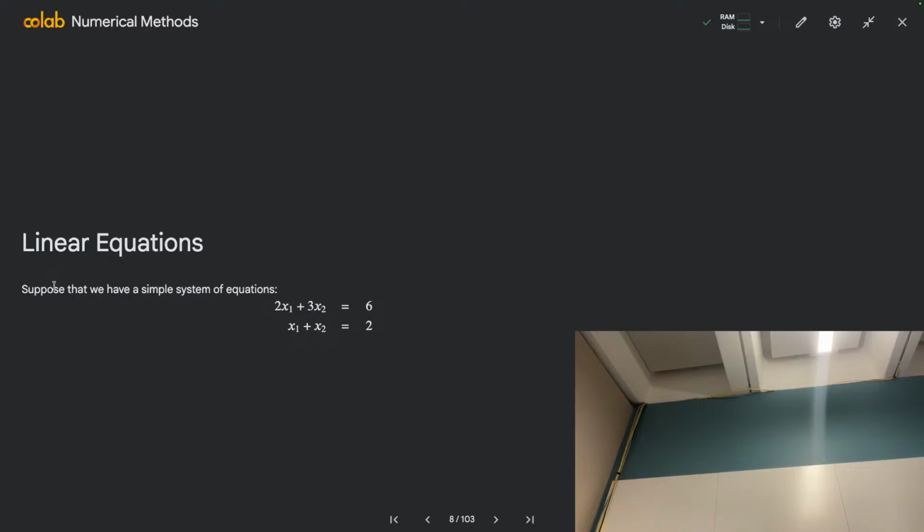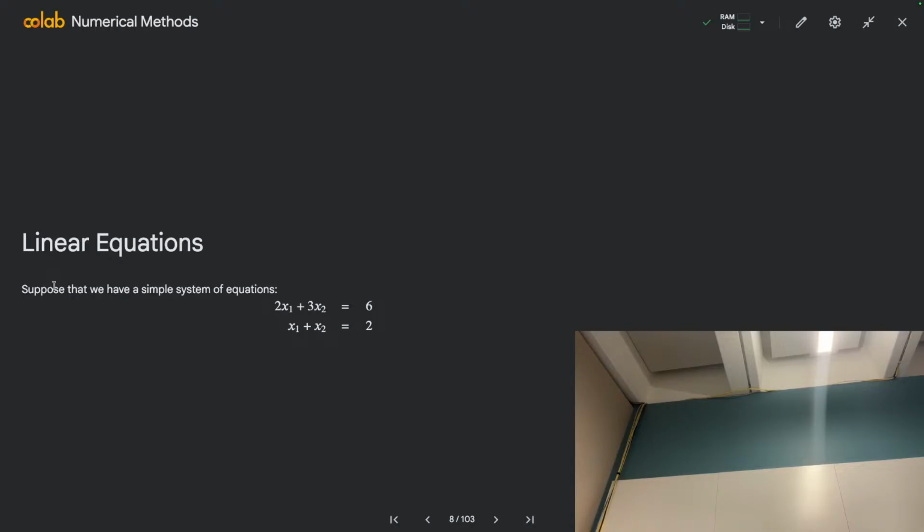But the way you can do this, right, is multiply this bottom row by 2. So it's 2x1 plus 2x2 is equal to 4. And then you just subtract the second one from the first one, which gives you 2x1 minus 2x1, 0x1. So all we're left with is 3x2 minus 2x2, which is 1x2.